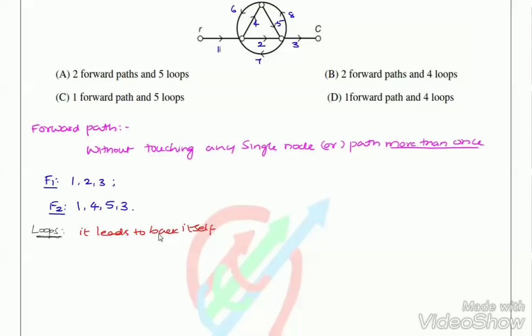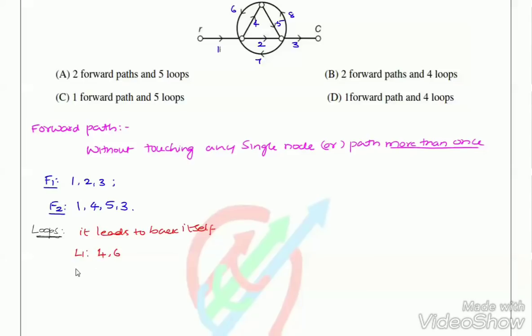That means it has to start at the same point and end at the same point only. So how many loops do we have here? First, L1: the first loop is 4, 6. In this way we have one loop.